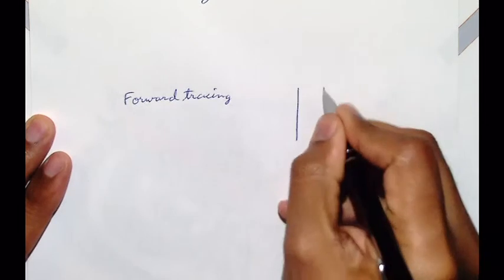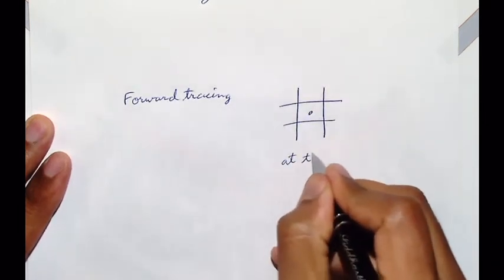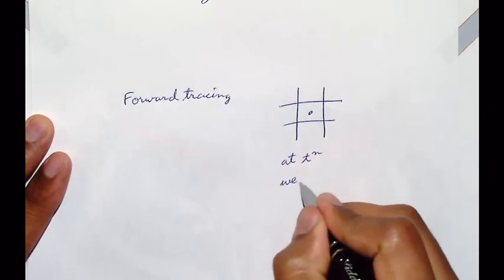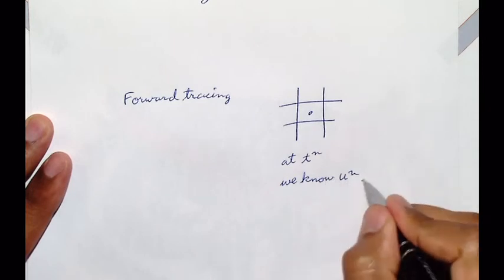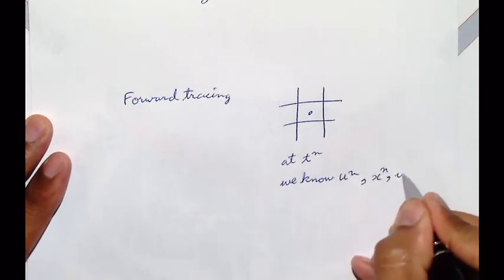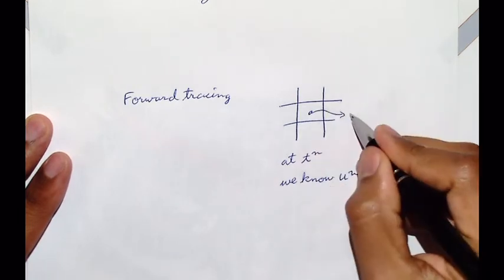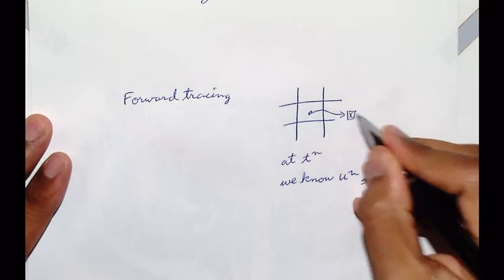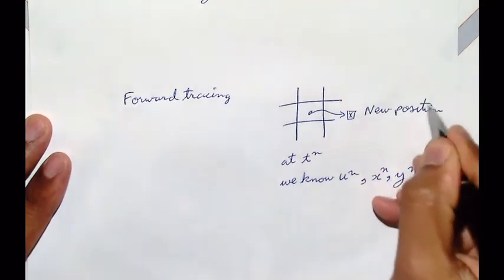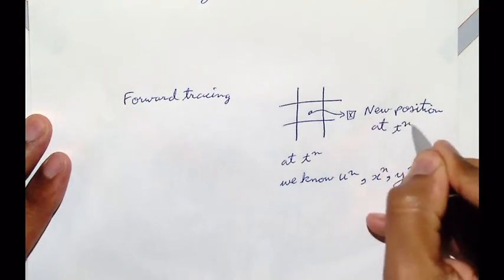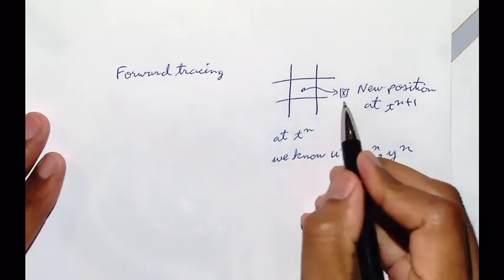So we have this grid node at tn, and we know un and xn, yn. All of these things are known to us, and then we can move forward to n plus 1, the new position at tn plus 1. And once we do that, then we interpolate.